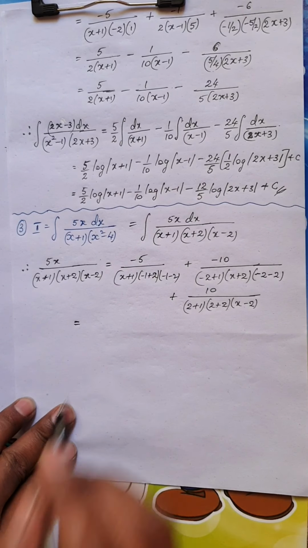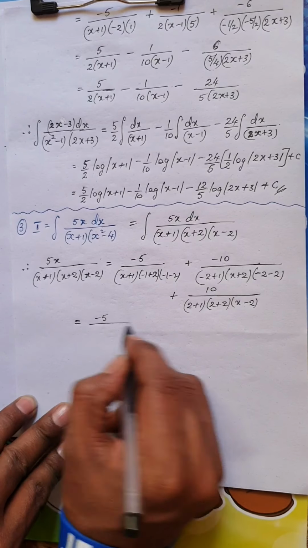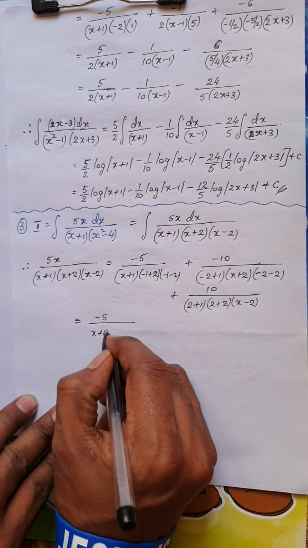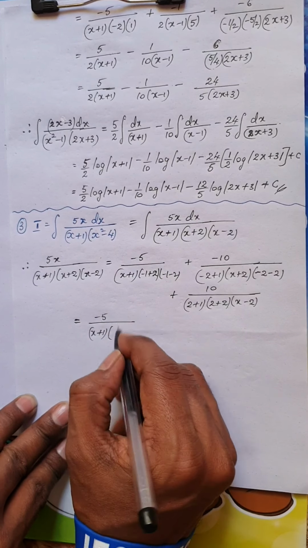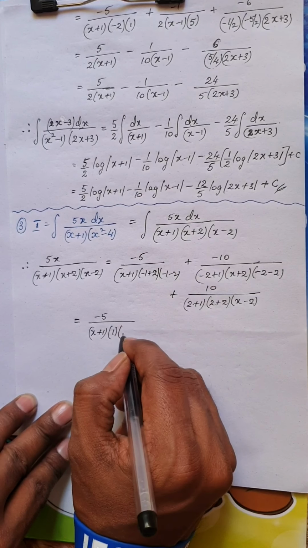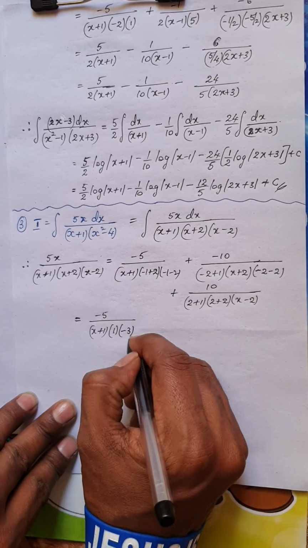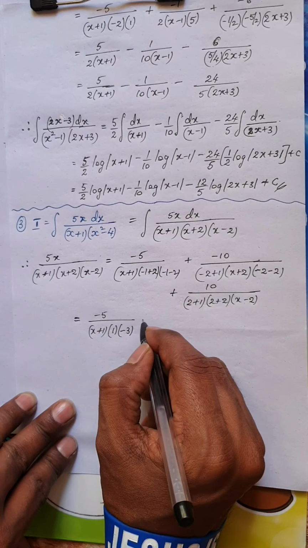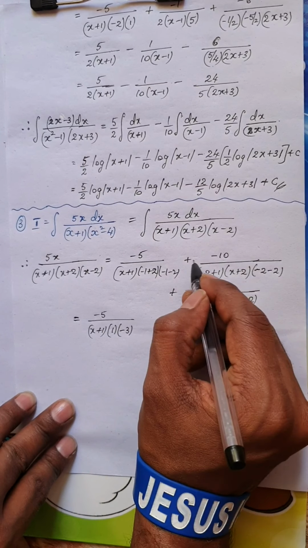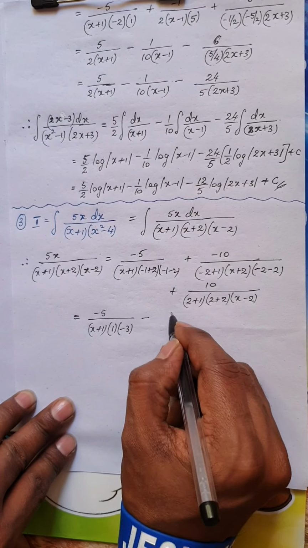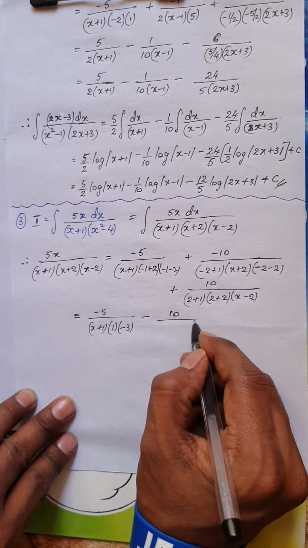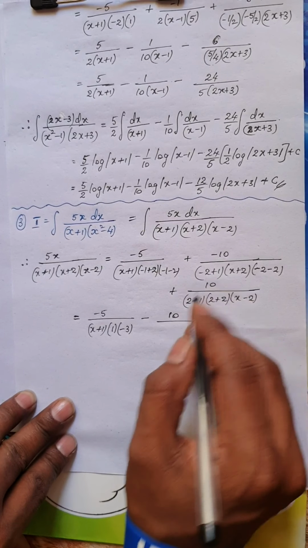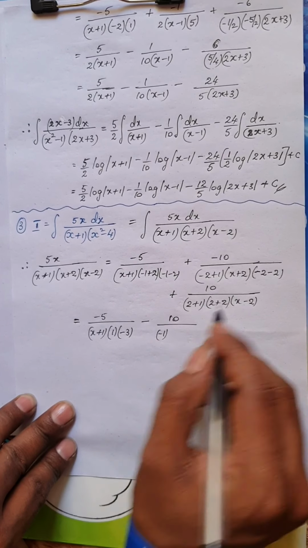So this is nothing but it is minus 5 divided by it is x plus 1 into 2 minus 1 is nothing but 1 and minus 1 minus 2 is nothing but minus 3. Okay. Now you can replace this minus as it is. So minus 10 divided by, so this is 1 minus 2, 1 minus 2 is actually minus 1.